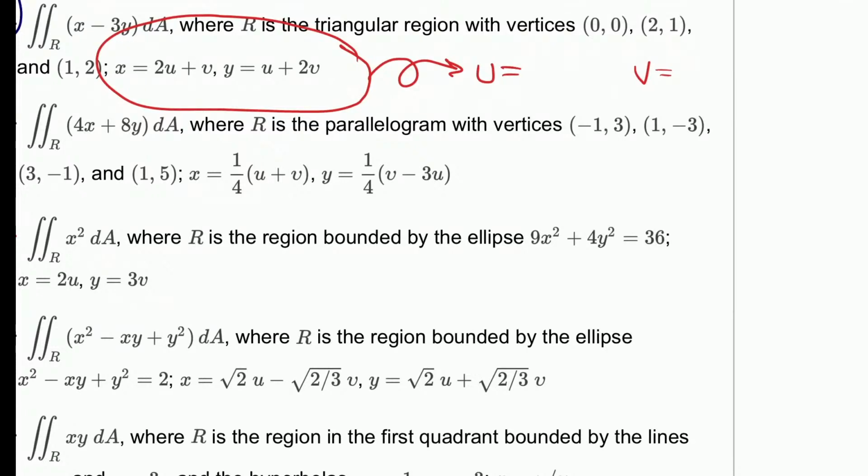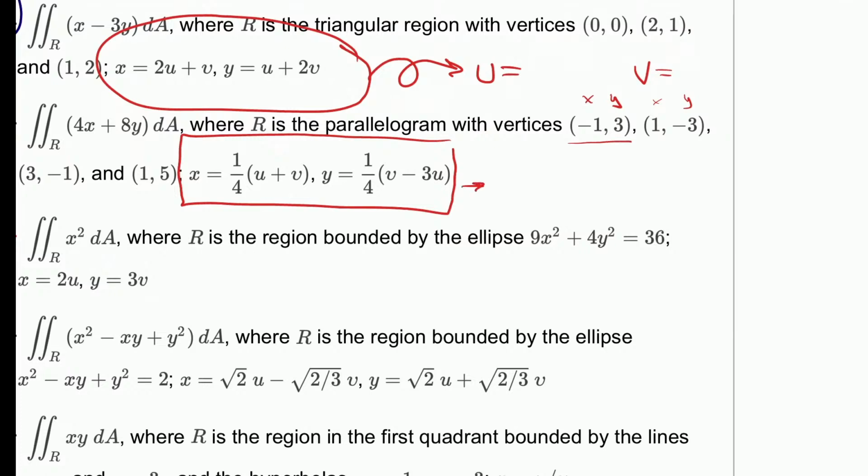What I would suggest, instead of figuring out u and v for each of these, so these are all x and y, and transforming each one of them individually, probably it will be easier to take these together and solve for u and v.